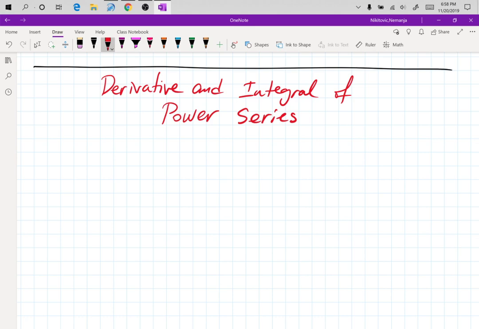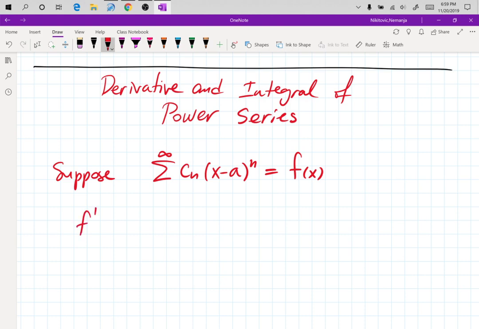And we have that, suppose that summation Cn x minus a to the n, n from 0 to infinity, converges to f of x. So what is the f prime of x in this case? It will be summation of, and now you're supposed to take the derivative. You know that Cn is a constant, so you get to copy Cn.